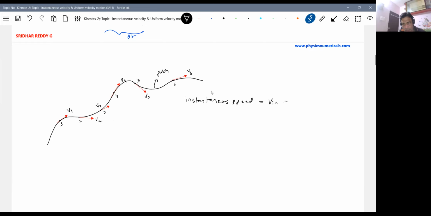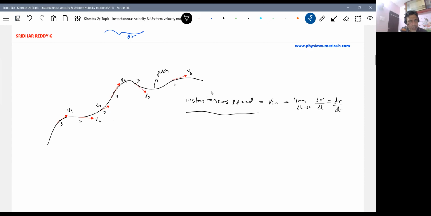This should be equal to limit delta t tends to 0 of dr by dt. Distance covered, r will be the magnitude of displacement. No, distance covered, sorry, it will be like this. Then this will become dr bar by dt. This is the instantaneous speed, this is how we define it.